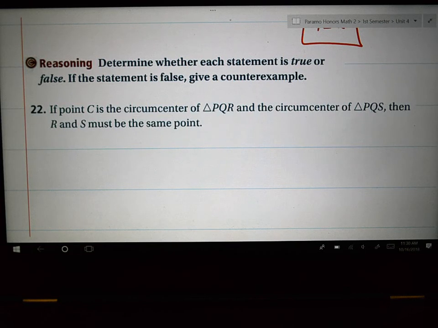If point C is the circumcenter of triangle PQR and the circumcenter of triangle PQS, then R and S must be the same point. C is going to be the circumcenter of a triangle PQR. You're going to need to think of a triangle PQR. Maybe you'll draw it.